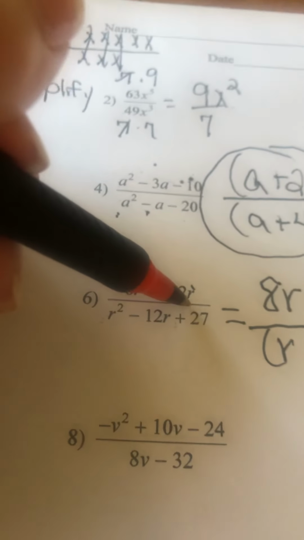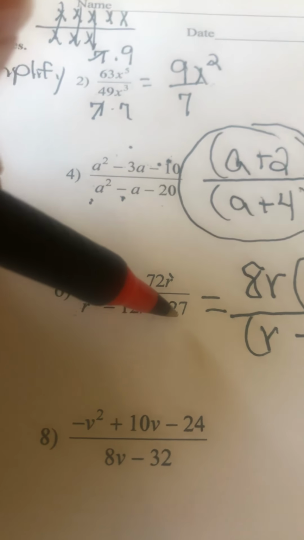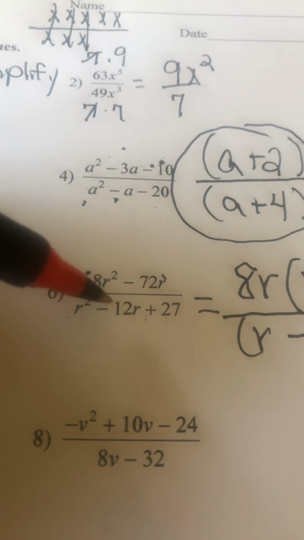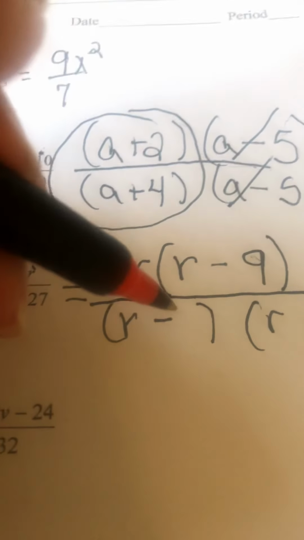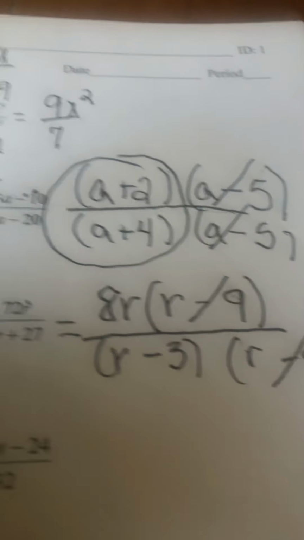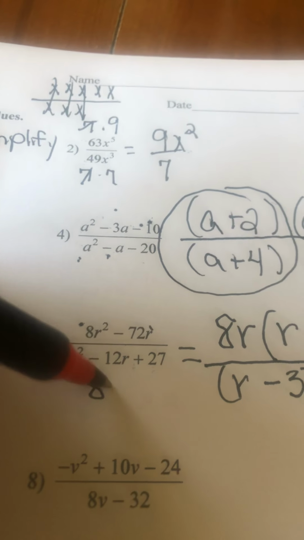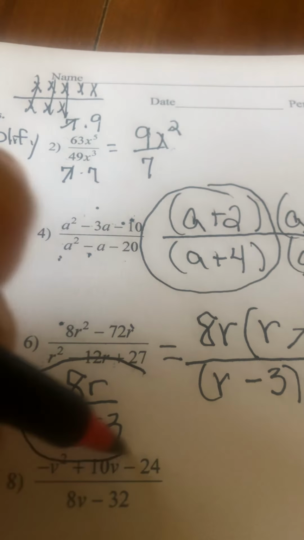First will be r, and then we need factors of 27 that add to 12, and that would be 9 and 3, because 9 times 3 is 27, and 9 plus 3 is 12. Remember, when your signs are alike, you add. And then what we can do is cancel that out. So our solution is going to be 8r over r minus 3.